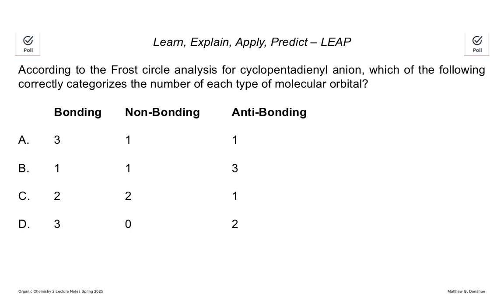So we know that just the regular cyclopentadiene is not aromatic due to that sp3 hybridized carbon. But now we're going to look at this structure, the anion of cyclopentadiene.